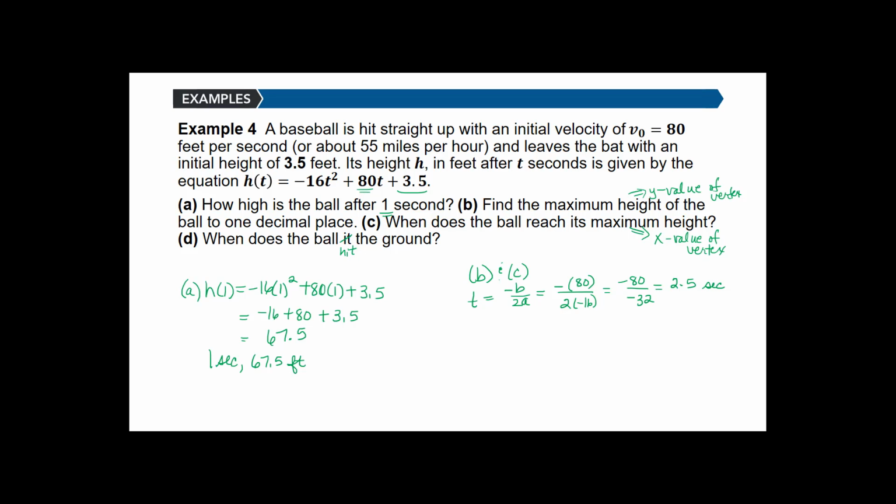Part B then is what is the y value when the input is 2.5. So we want to find h of 2.5. And this gives us negative 16 times 2.5 squared plus 80 times 2.5 plus 3.5.